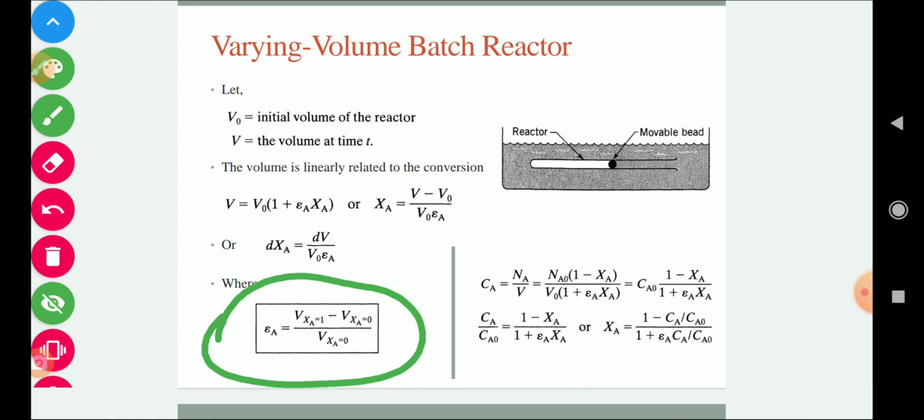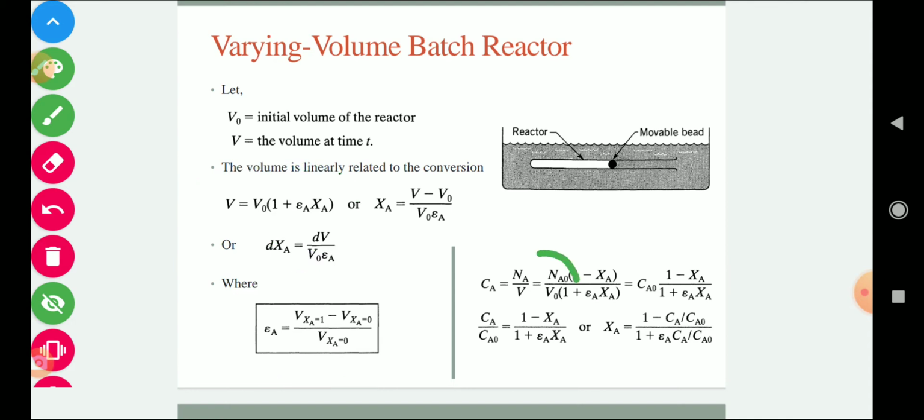And this Ca is equal to the number of moles per unit volume. Na is equal to Na0 times 1 minus Xa, and V is equal to V0 times 1 plus epsilon A Xa. Na0 upon V0 equals Ca0, so Ca will be equal to Ca0 times 1 minus Xa upon 1 plus epsilon A Xa.